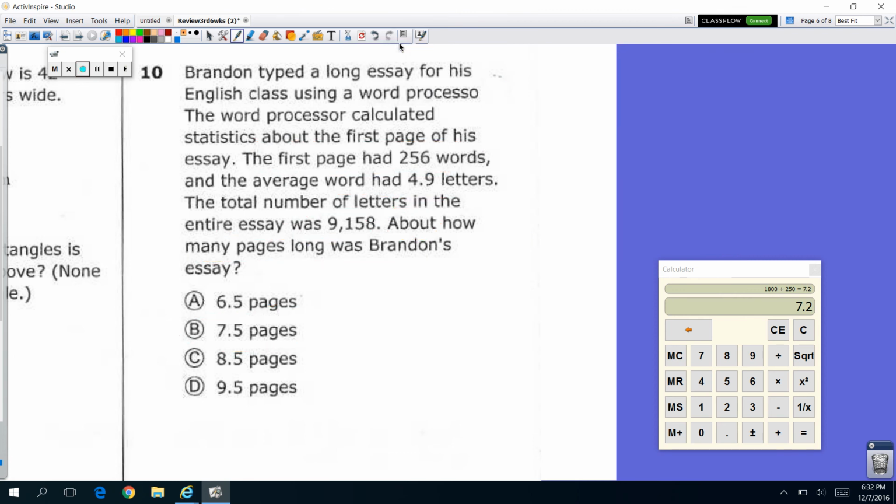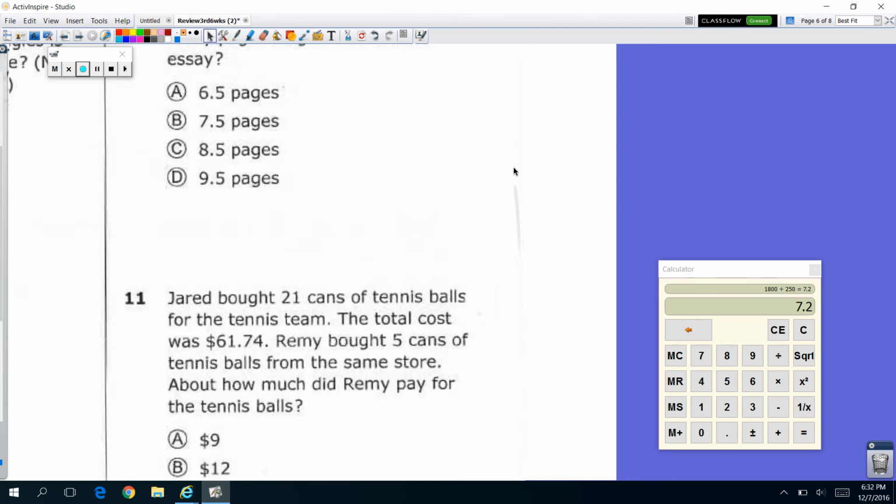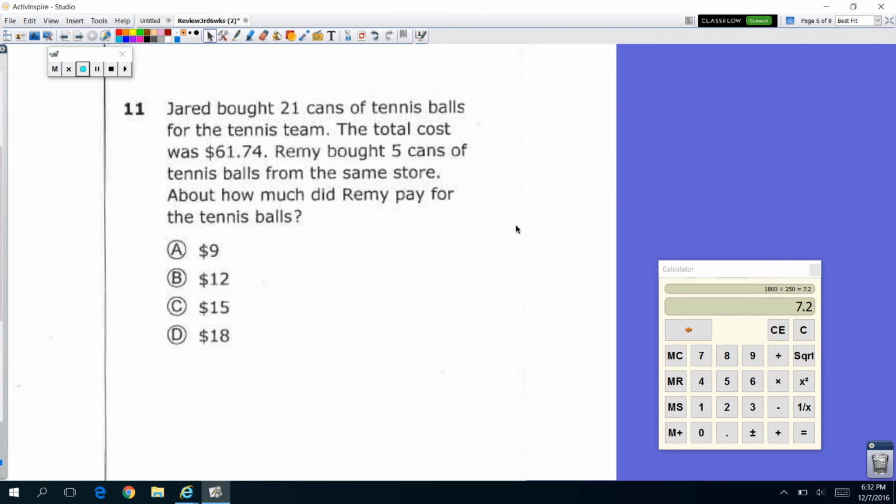Again, at any time, please pause, go back and double check if you didn't understand something. All right, so number 11. This one is also about, but since we're using the calculator, we can probably just do it without the about. Jared bought 21 cans, and for the 21 cans he pays $61.74, and the question says how much would be for 5 cans.